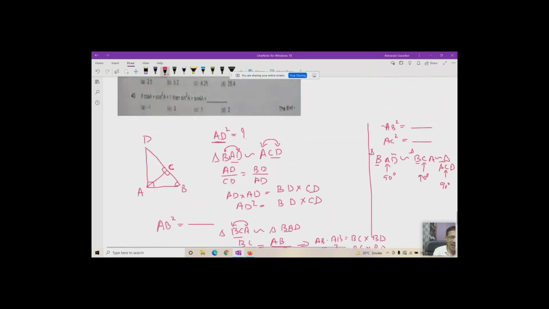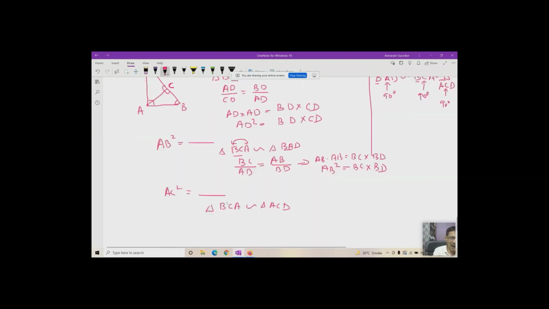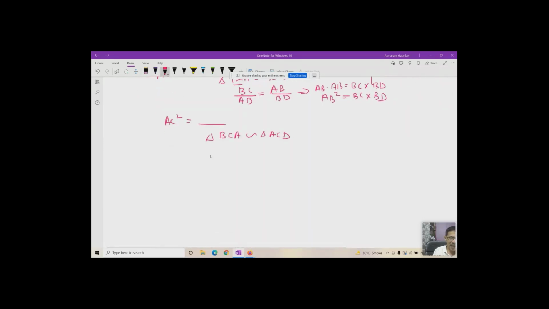You see, AC is common to these two smaller triangles. So you write the proportion of this and you will get the answer as AC square is equal to BC into CD. Okay, this is how you have to solve these problems.